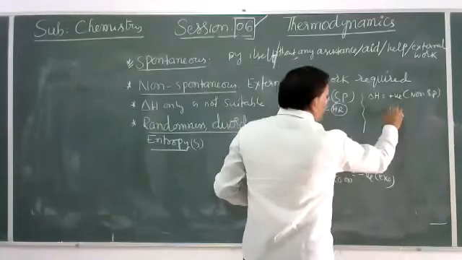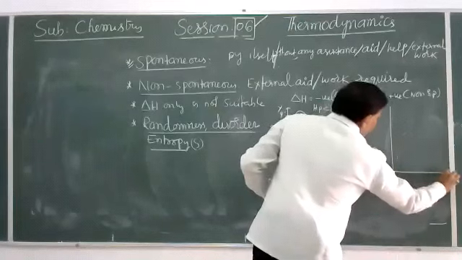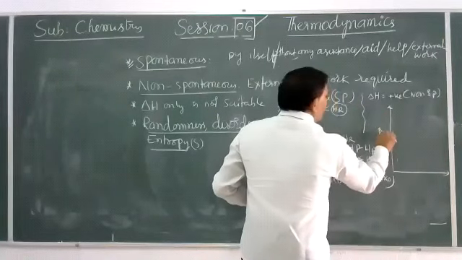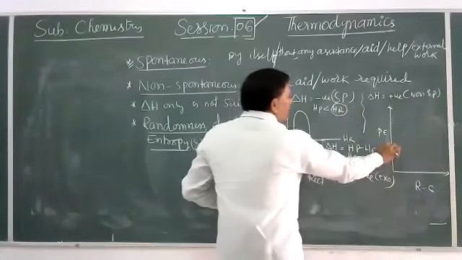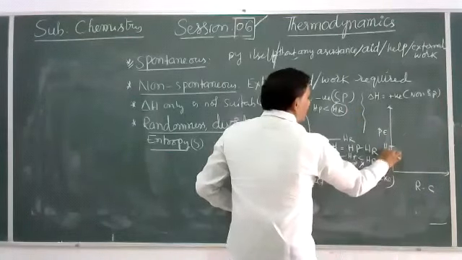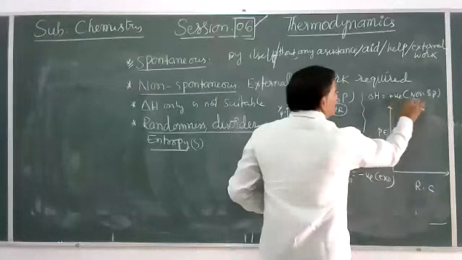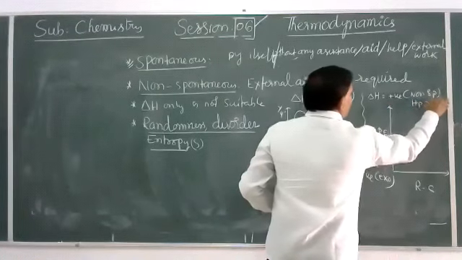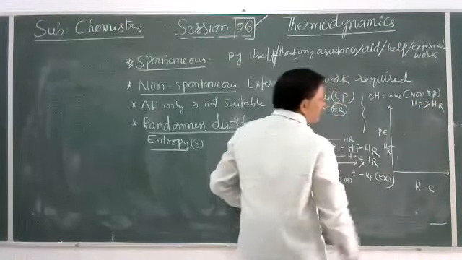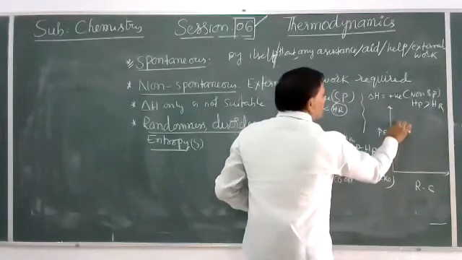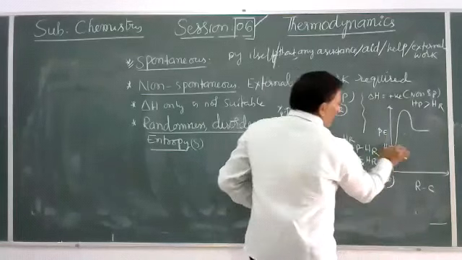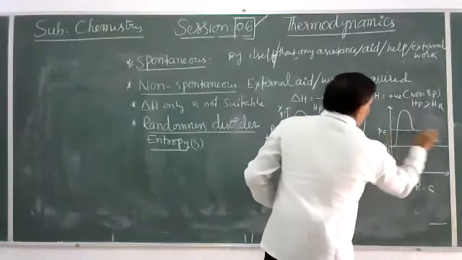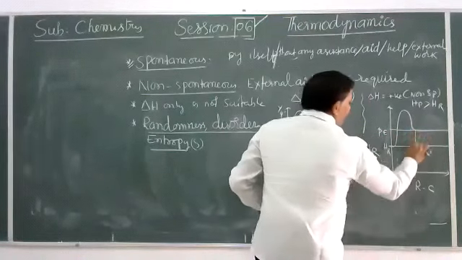Similarly, for an endothermic reaction, a graph is plotted between the same potential energy and reaction coordinate. This is the same HR, but to get a positive value, HP is greater than HR. That's why your curve is like this. This is the reactant value, this is the product value, and this is the difference.